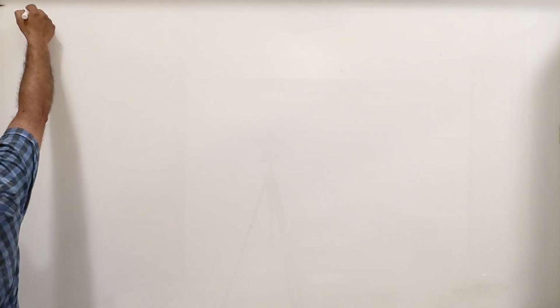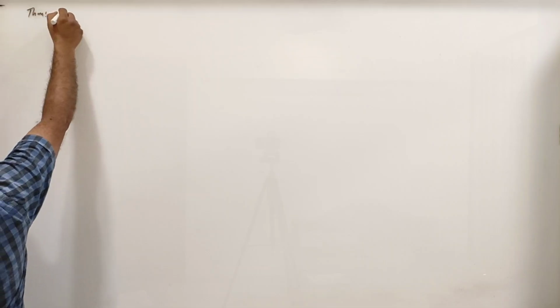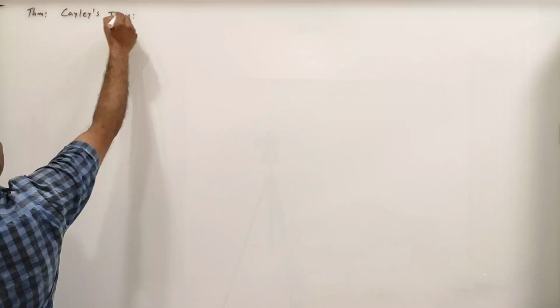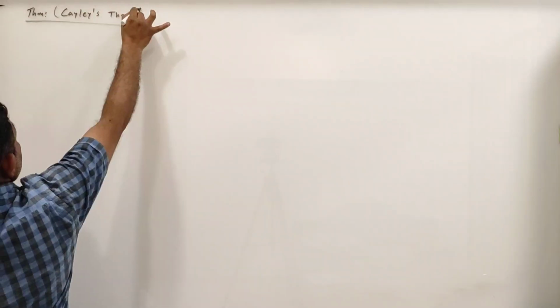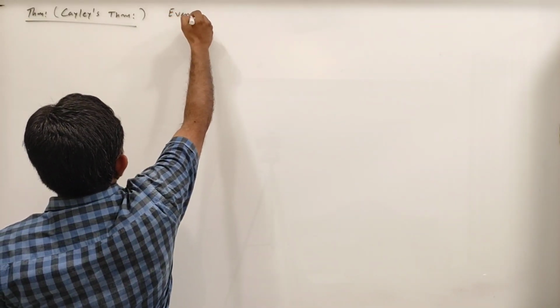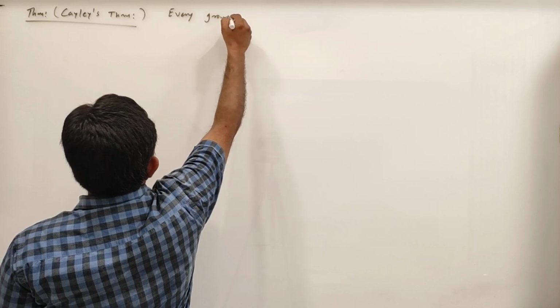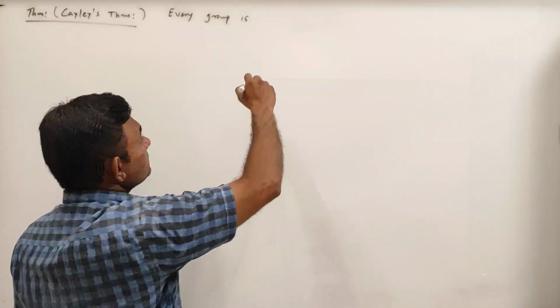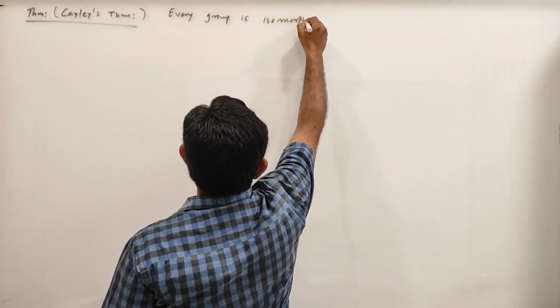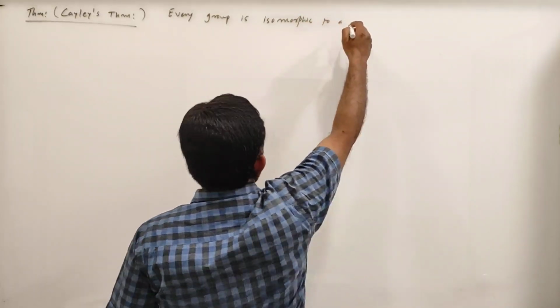Cayley's theorem. So what this result says: every group is isomorphic to a group of permutations.